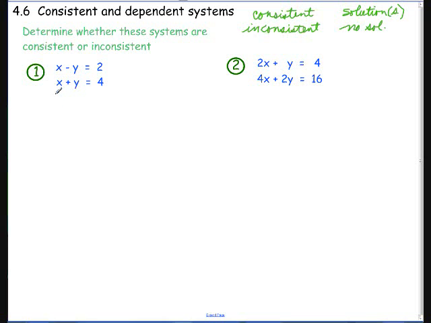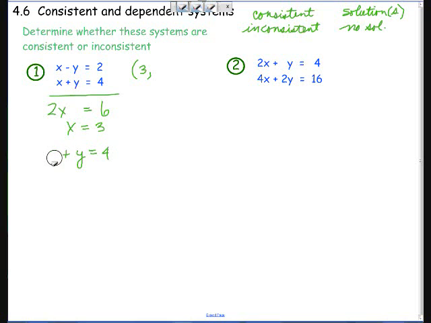So let's see what happens with this. I'm going to try to solve this using linear combination. I'll get 2x, and this will zero out. It was a nice setup, wasn't it? 6. So x equals 3. And when x equals 3, I've got x plus y equals 4.